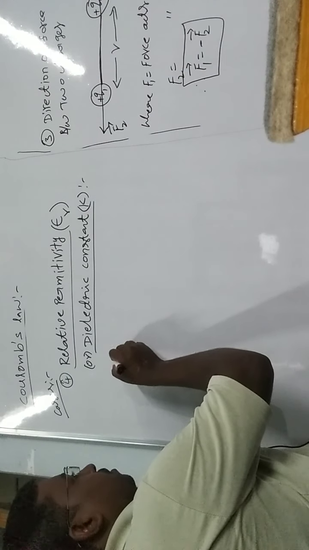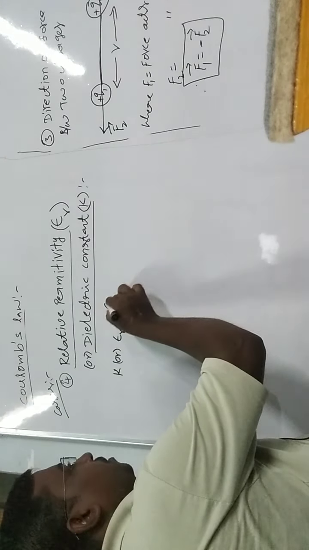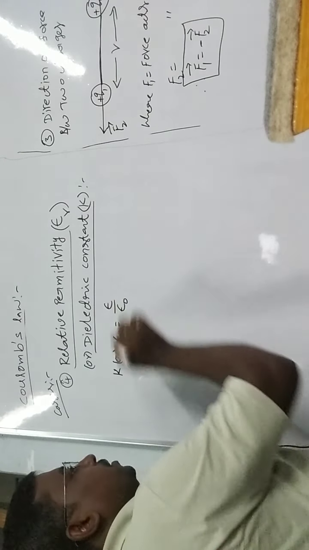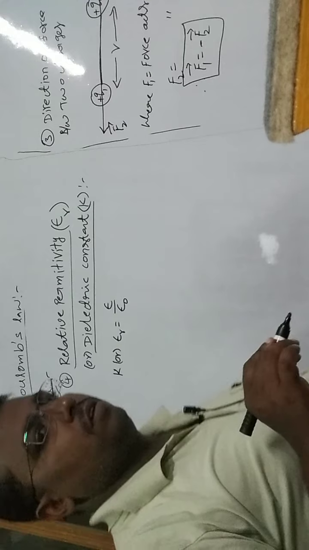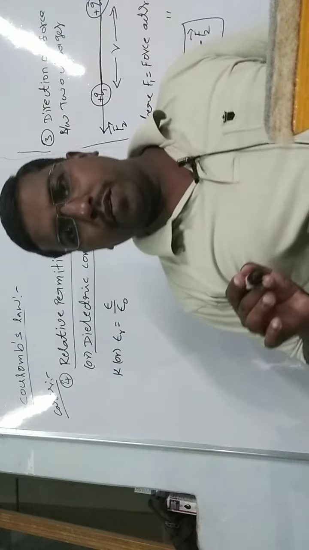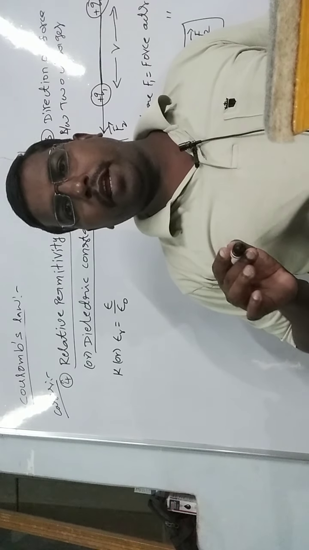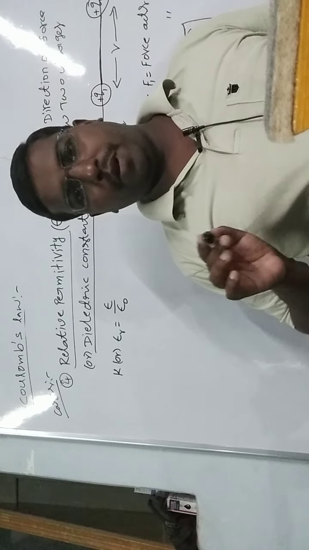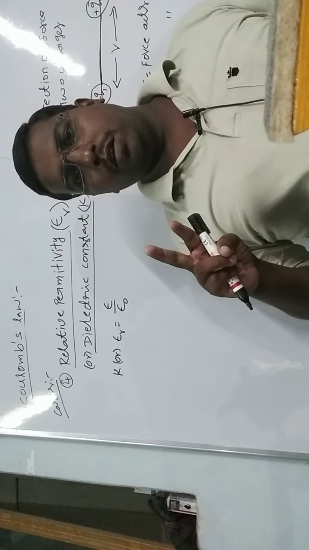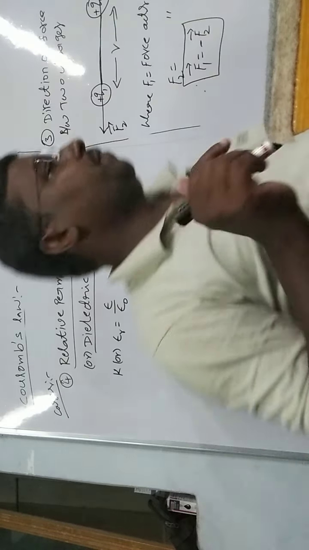This K or epsilon r is defined as epsilon by epsilon naught, that is, permittivity of medium by permittivity of free space. It is called dielectric constant or relative permittivity. They are both relatives of each other.